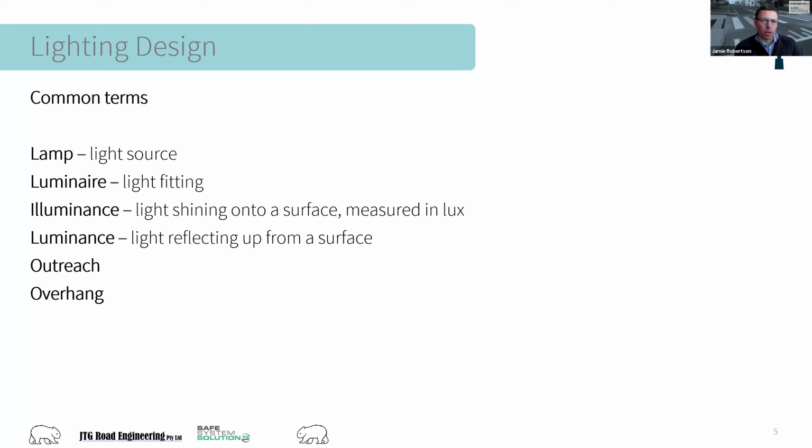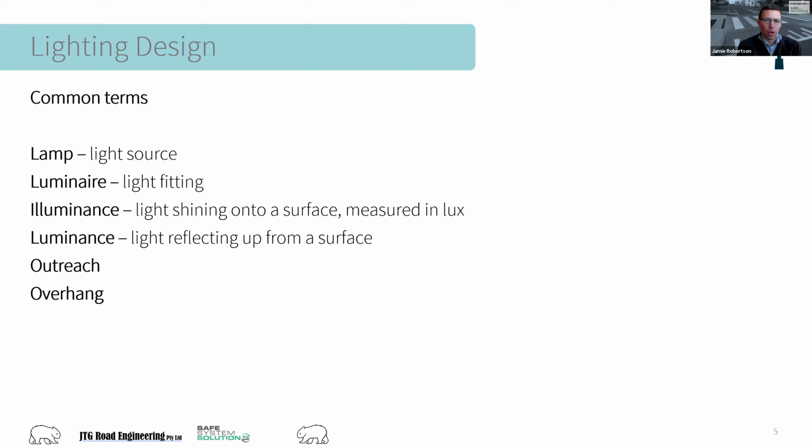Illuminance, as I've mentioned, is about light falling onto a surface, and we measure that in lux. Luminance relates to light reflecting up from a surface. So luminance requirements typically come into play at mid-block locations and on the approaches to locations where we are providing illuminance-based design.